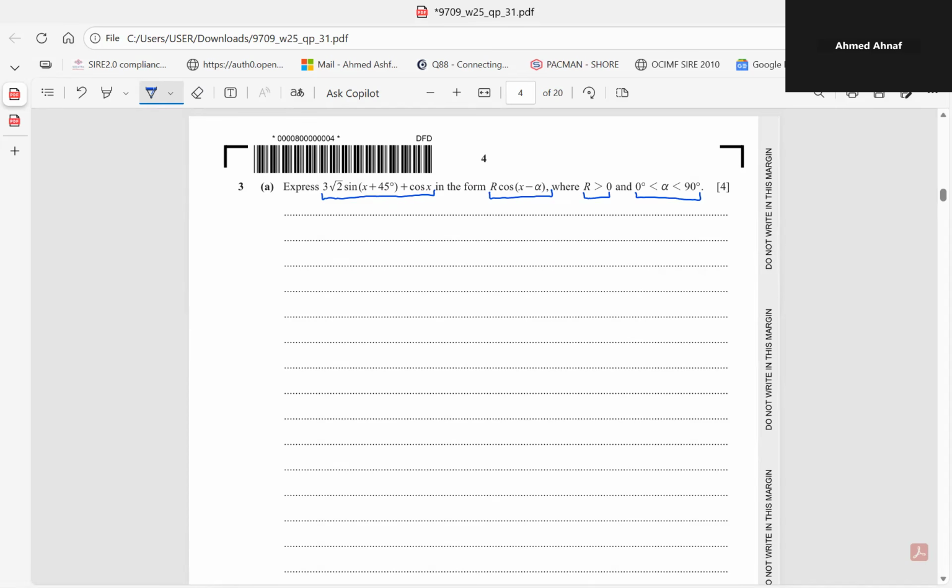So let's do that. Unfortunately, in our case, the equation that we are given is not fully expanded. It's supposed to be like A sine X plus B cos X or something like that, so we have to make sure it's in that form first. So let's copy it down.